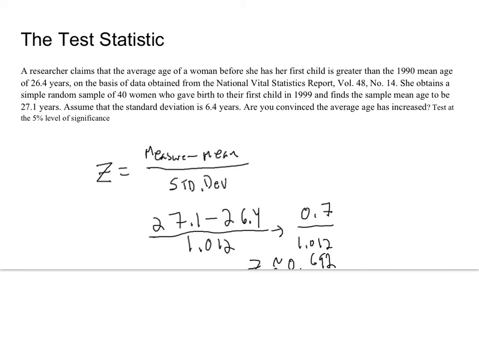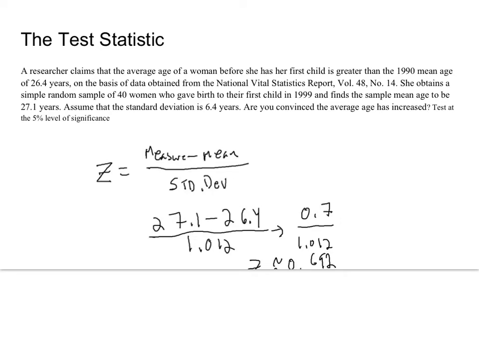So our test statistic is a z-score in this case, because we know the population standard deviation, right? They told us that right there. That's a population standard deviation. So I calculated my z-score, and if you remember back from a couple weeks ago, a z-score is our x minus our mean divided by the standard deviation.